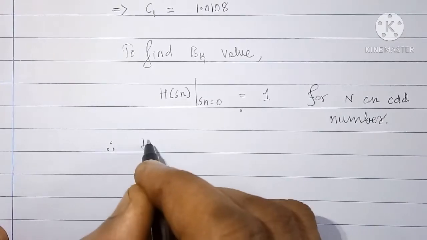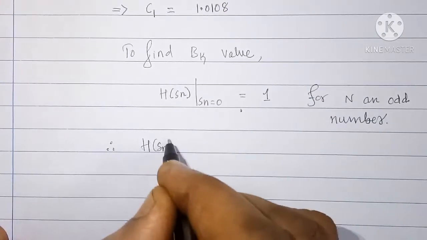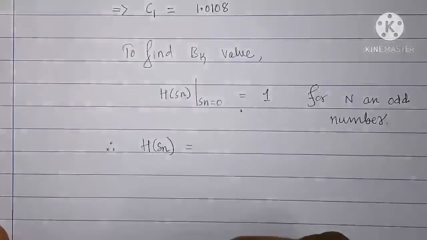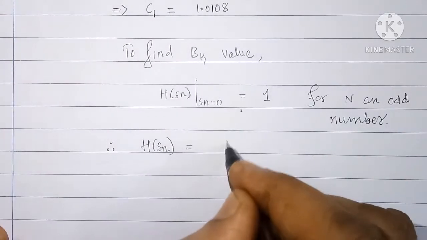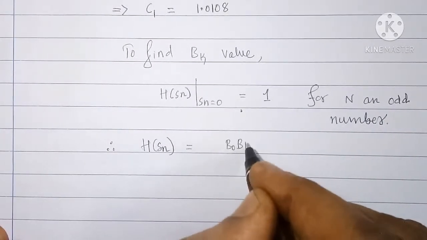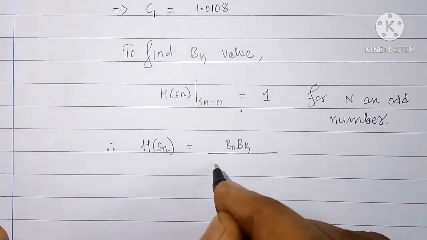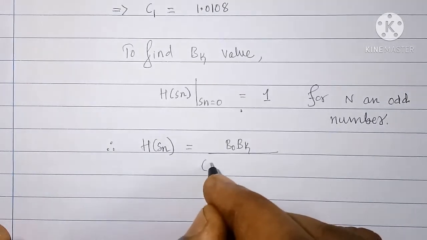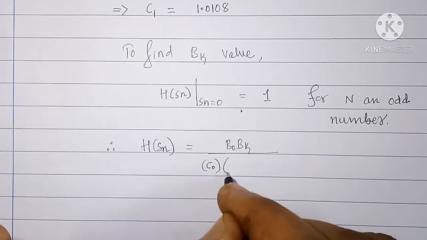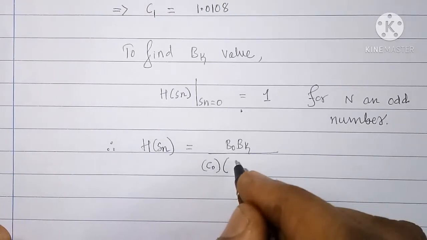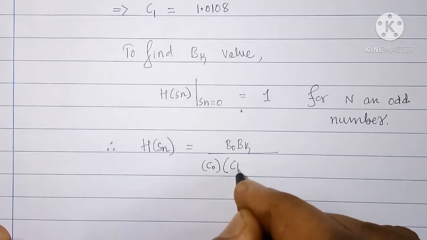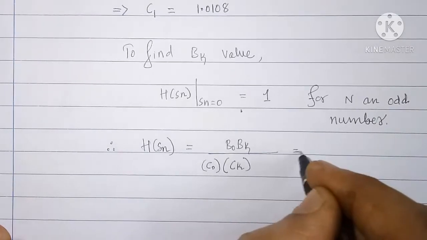Therefore, H of Sn will become B0 into Bk divided by c0 into ck equal to 1.